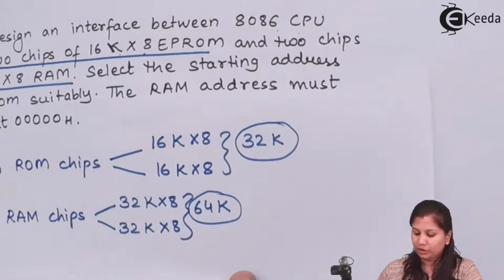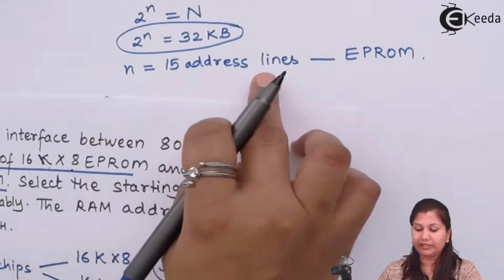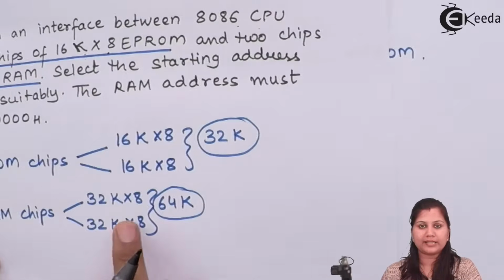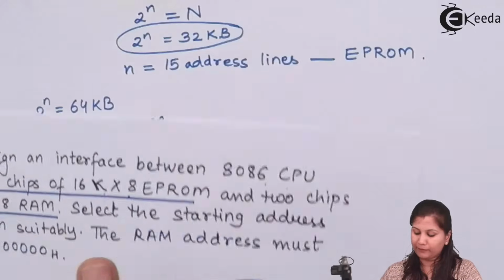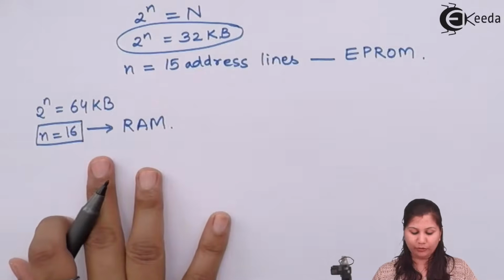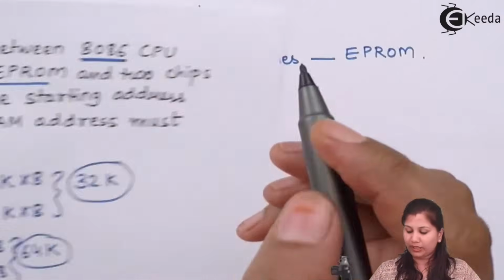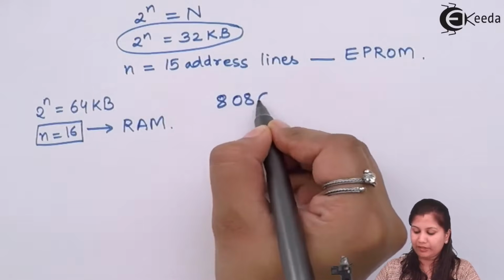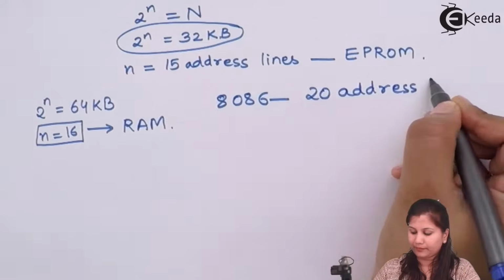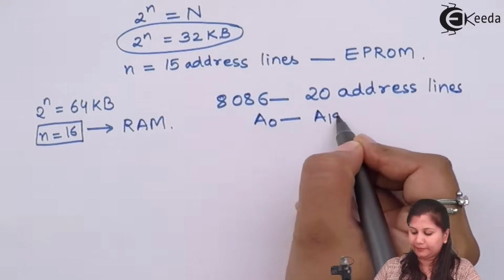So we have two ROM chips, total 32 kilobytes, and we require 15 address lines for them, and 64 kilobytes of RAM in total, for which we require 16 address lines. Now we know that we have to interface it with the 8086 microprocessor, which has 20 address lines, from A0 to A19.